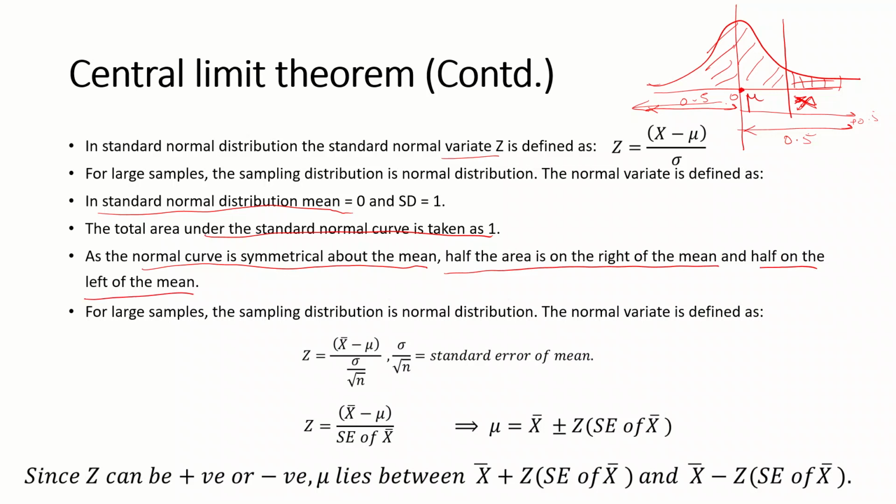So for large samples, sampling distribution is normal distribution. The normal variate is this one. Actually, this is a normal distribution curve. So as it tells, the sampling distribution for large samples is normal distribution.